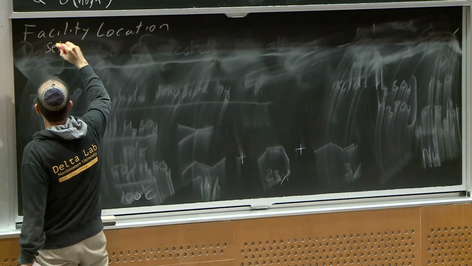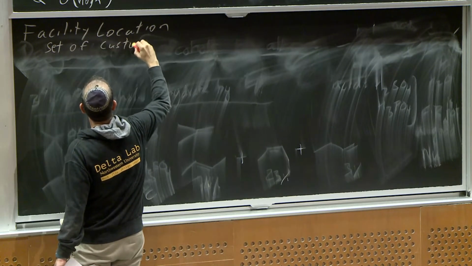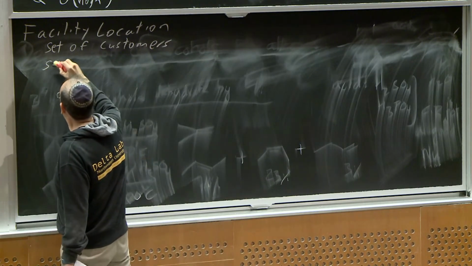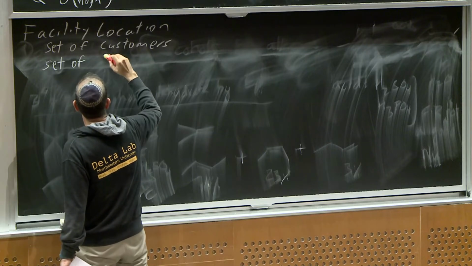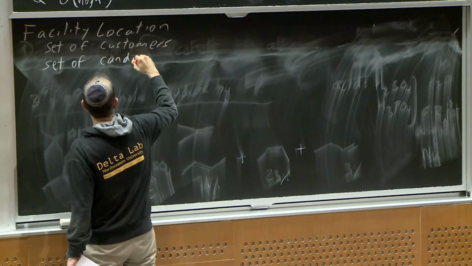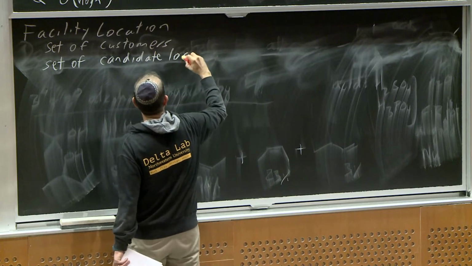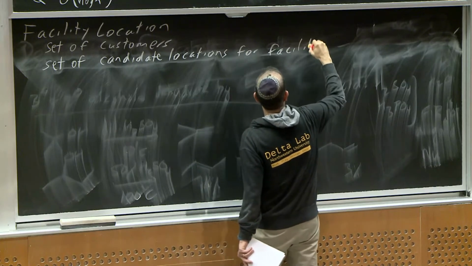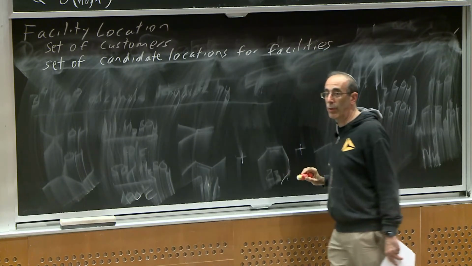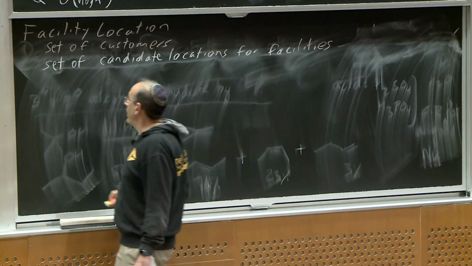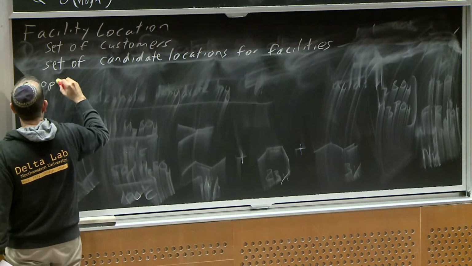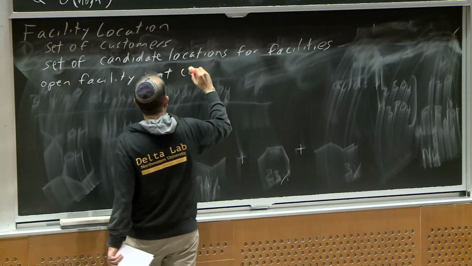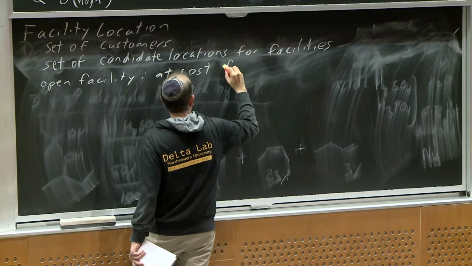You have a set of customers who all want to be near a facility, and you have a bunch of candidate locations for facilities. And the idea is that you can open facility i at some cost, f_i.